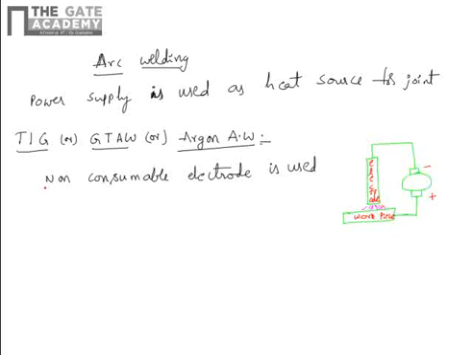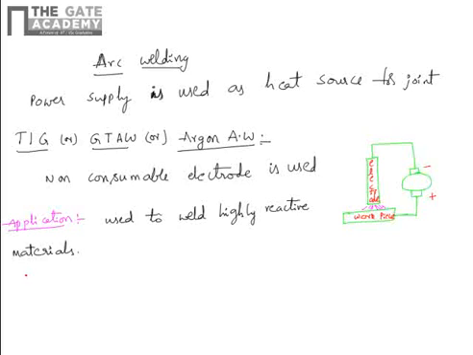So in TIG, a non-consumable electrode is used. This is a two times GATE question. Application: it is used to weld highly reactive materials.